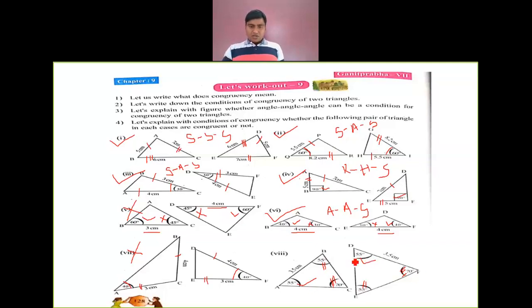So triangle ABC and triangle DEF are not congruent to each other. Okay, so these two triangles are not congruent to each other. Okay, thank you.